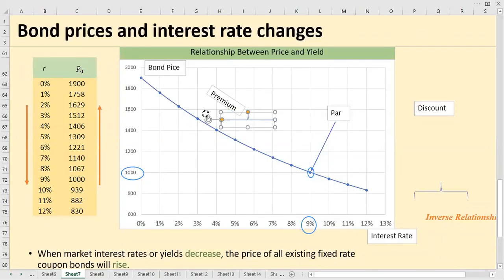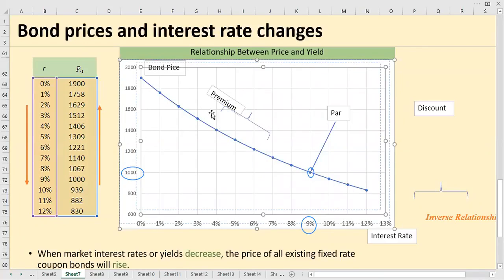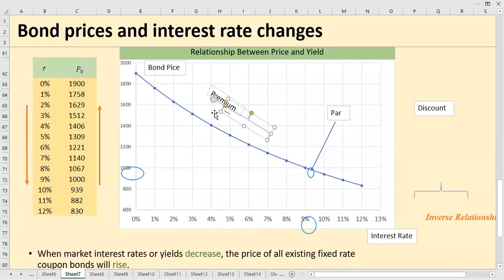So this particular portion of the chart, from this point to this point, we call it premium.